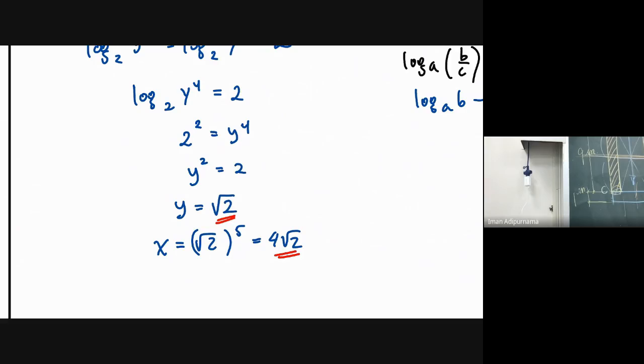Then that should be okay. So there are a lot of possible answers.